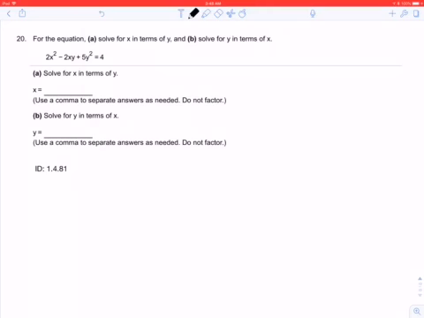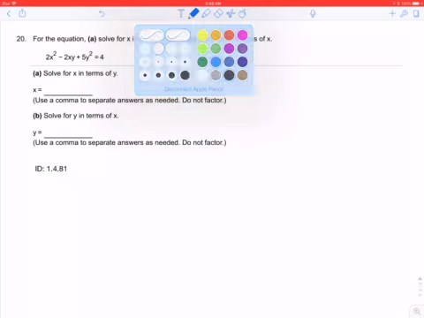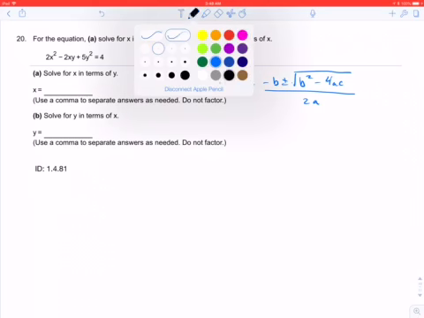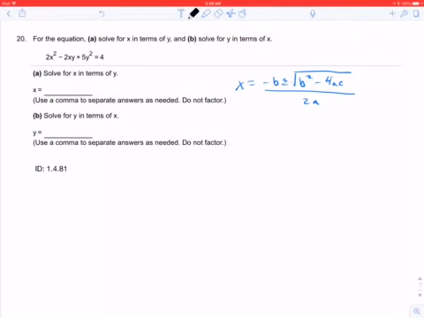Oh, quadratic formula. So this is still quadratic formula. So then again, x equals negative b plus or minus the square root of b squared minus 4ac all over 2a. Okay. So now, when we're solving for x, we should probably subtract the 4 from both sides.